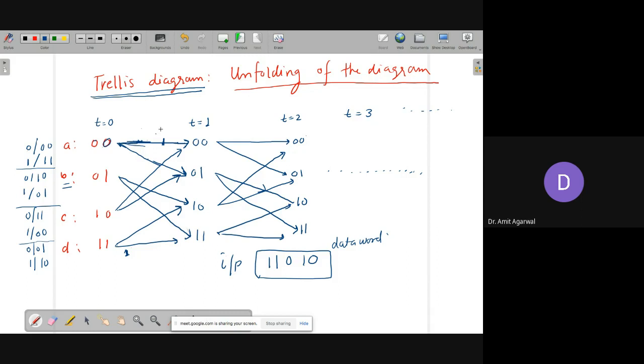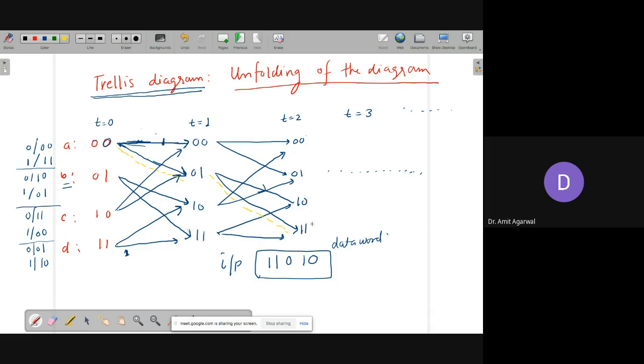So it is really simple, and what you have to do is just start following. If it is 1, go to the downward direction. Start from 0 0, because your initial state was 0 0. Now 1 comes, go down, because I told you that 1 corresponds to the lower branch. Then 1 comes again, so again go to the lower branch.